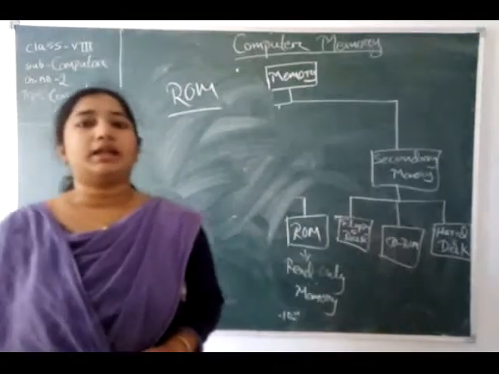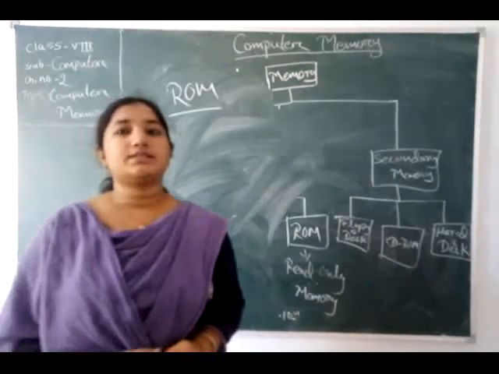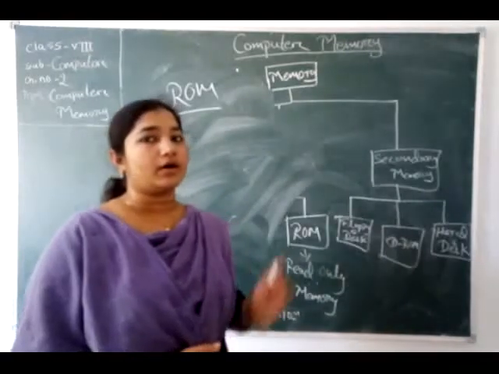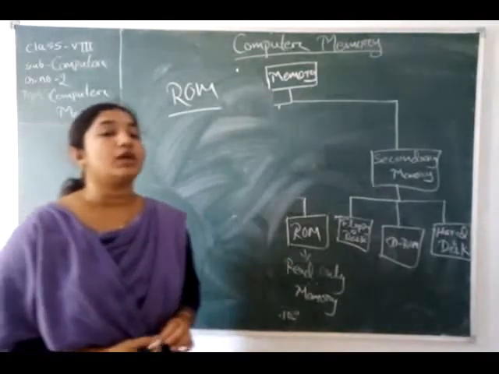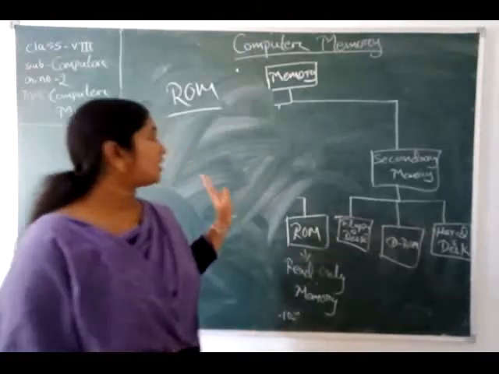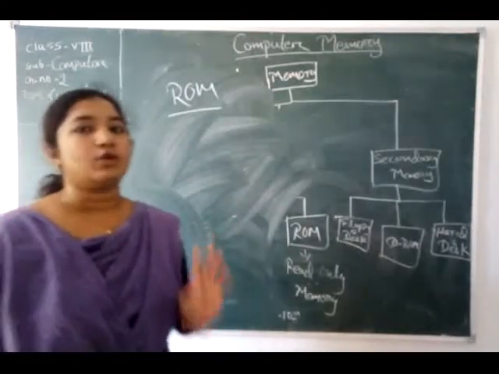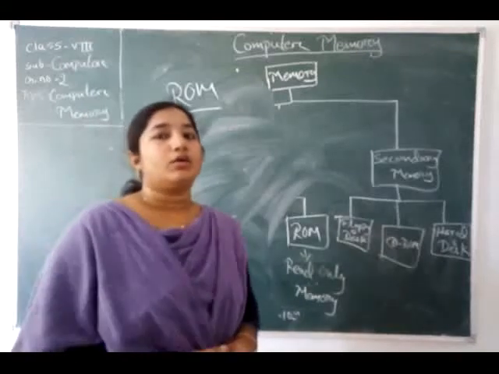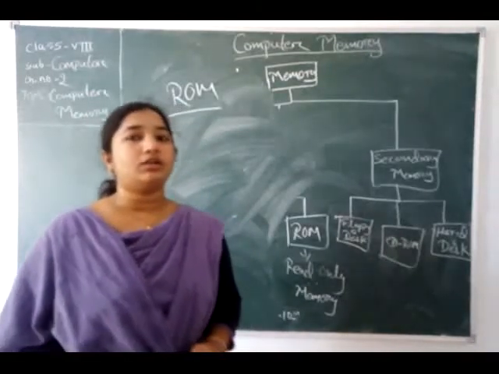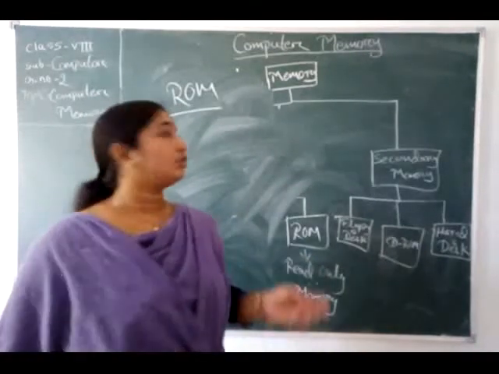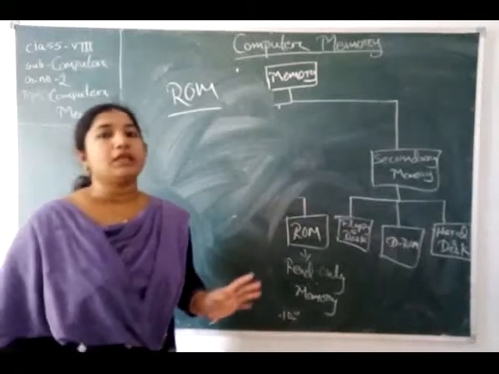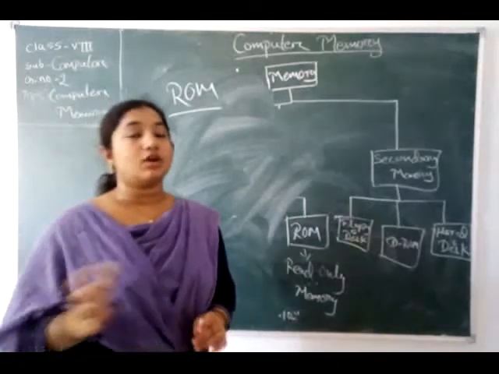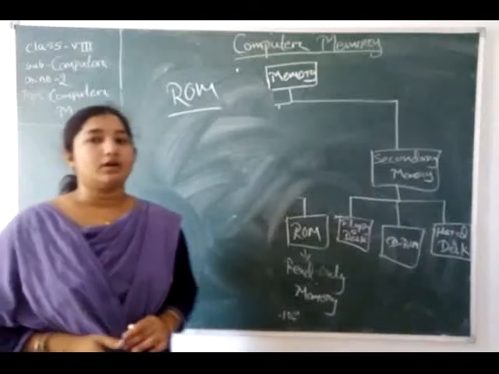So the data stored in ROM is non-volatile and is not lost when powered off. Students, when we started the chapter, we learned what is volatile and what is non-volatile. Non-volatile means when the power is off, the data will not be erased.